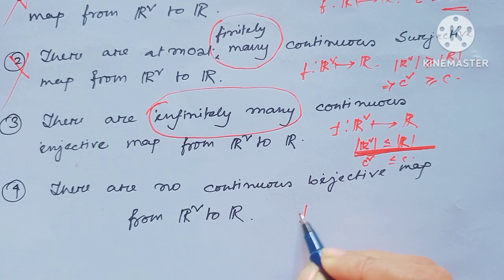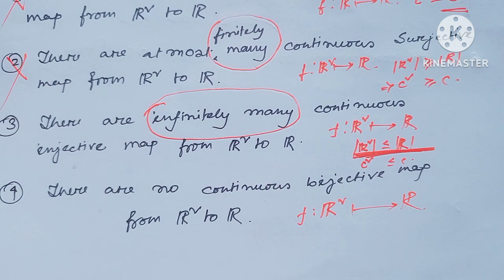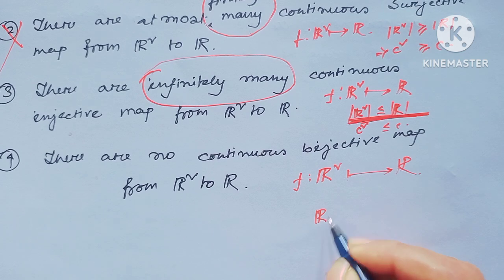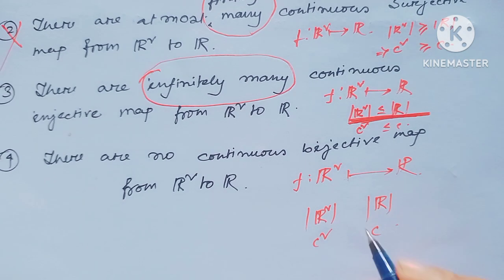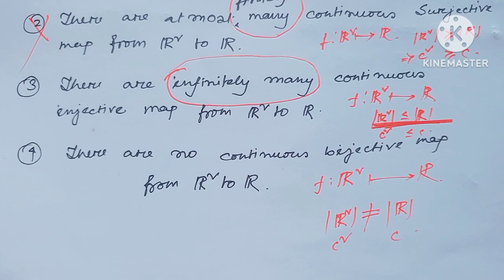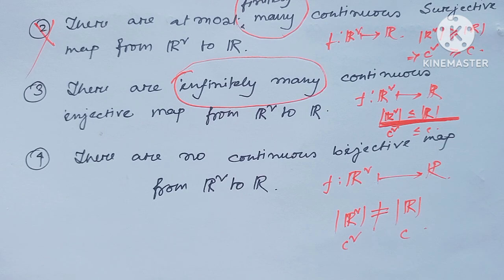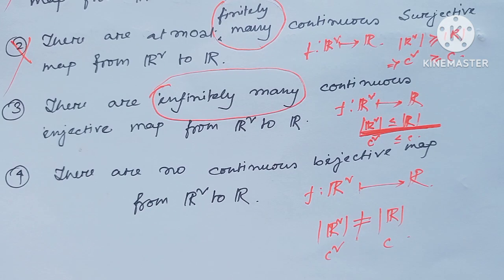Option 4: there are no continuous bijective maps from R2 to R. It is true, because for A from R2 to R, the cardinality of R2 is C square and the cardinality of R is C. Since both cardinalities are not the same, this is not possible. A bijective map existing means their cardinalities are equal.